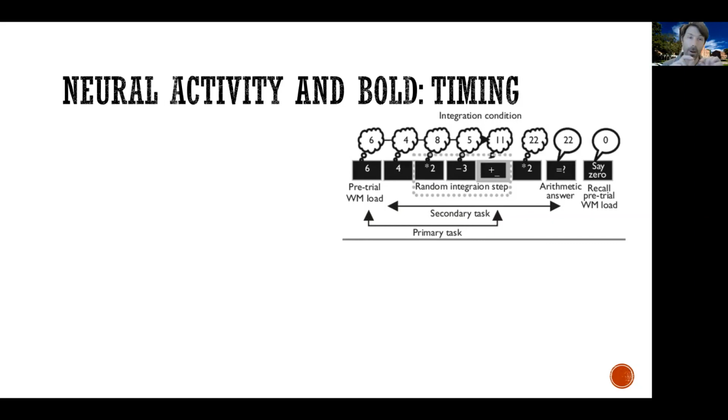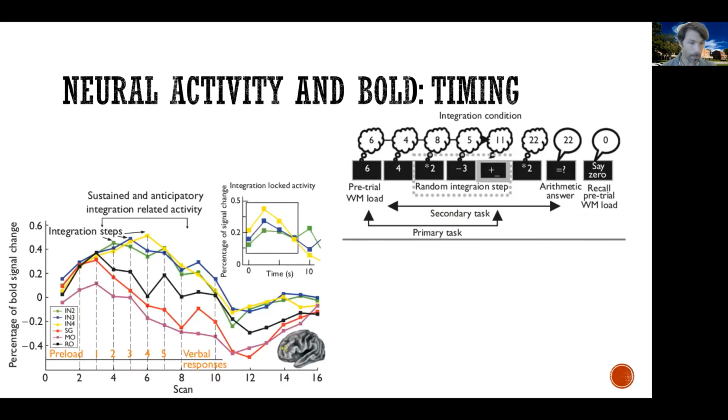And so they looked at, on average, when the BOLD response in BA10, the area of interest, would peak in the 3 trials. And it turns out that if you look at the integration trials, the early integration, the green line, peaks first. BA10 peaks right here and then falls off.